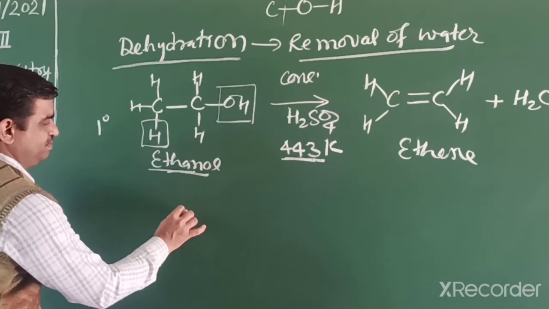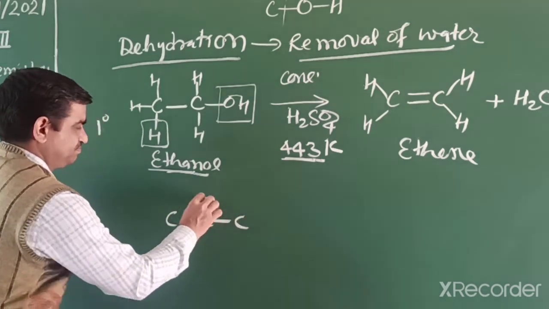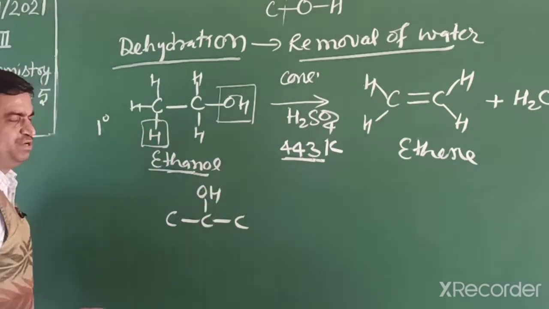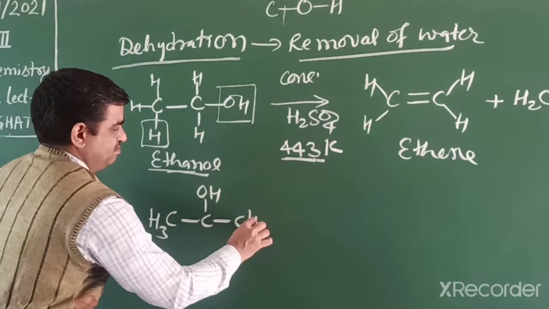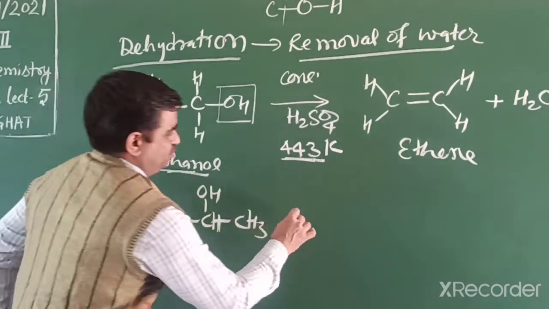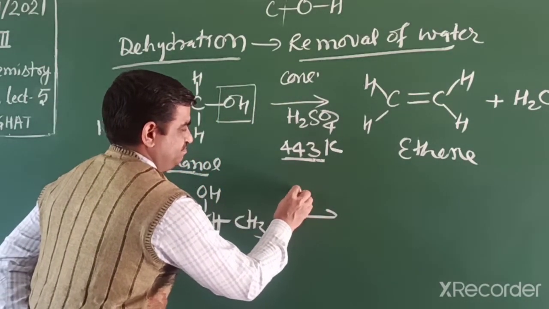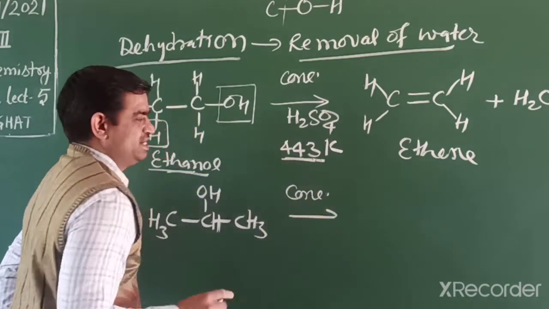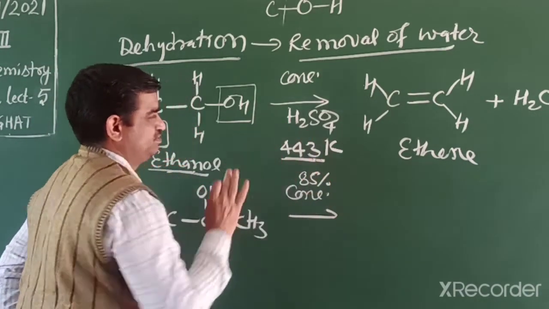If we take the example of a secondary alcohol like this, propan-2-ol, this one is a secondary alcohol. For this reaction we can use concentrated 85% phosphoric acid in place of sulfuric acid.